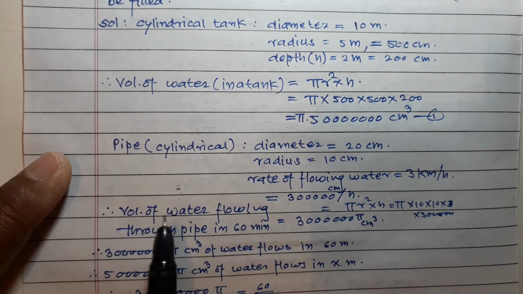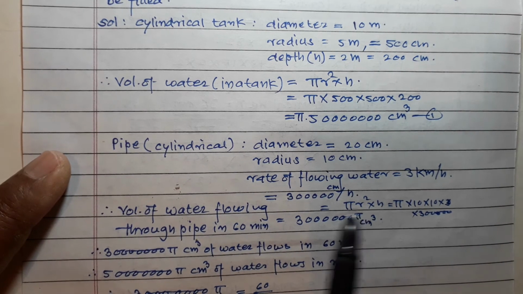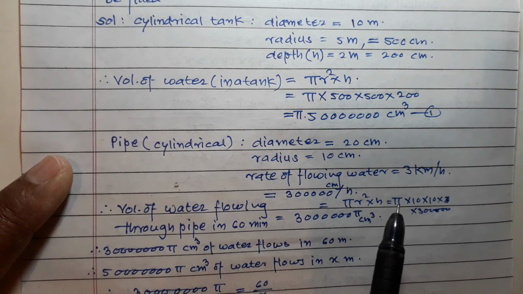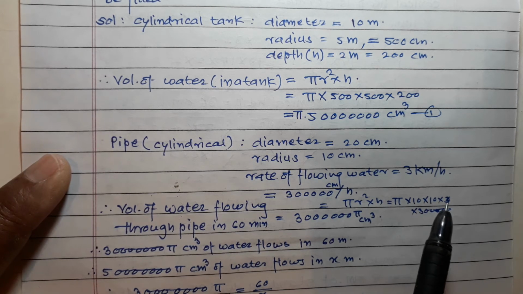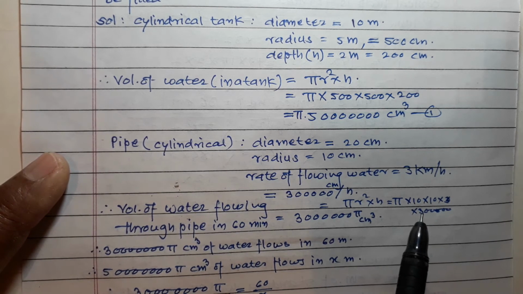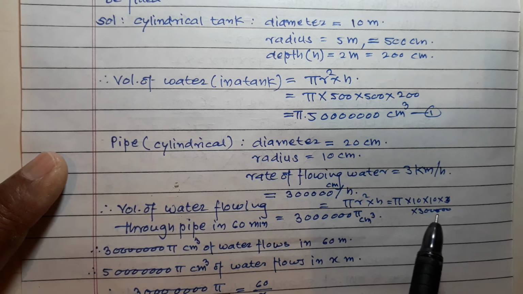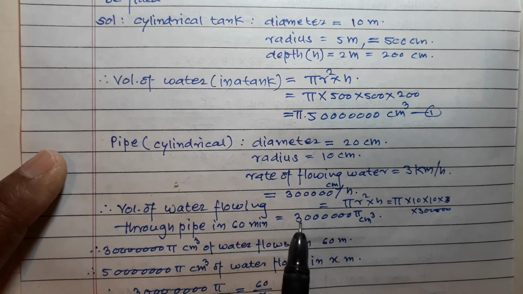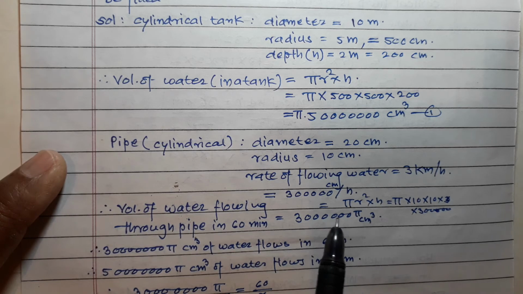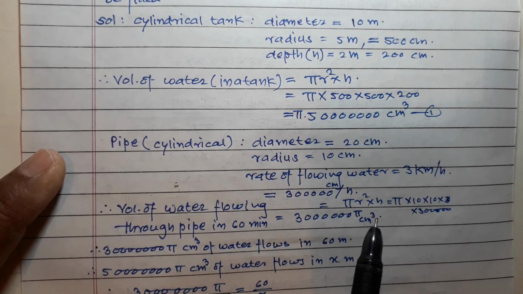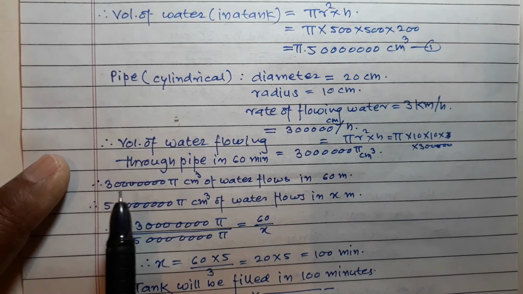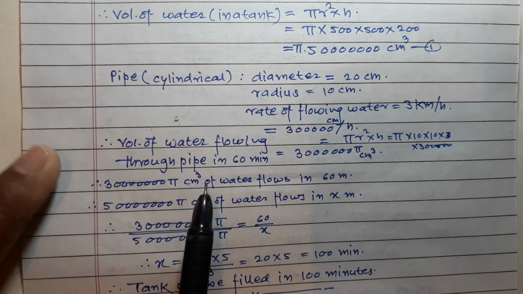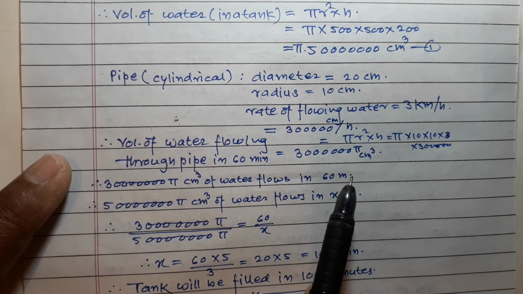So volume of water flowing through pipe in 60 minutes is equal to pi r square into h, pi into 10 into 10 into 300000. Okay, and if you simplify this you will get 30000000 pi cm cube. So 30000000 pi cm cube of water flows in 60 minutes.